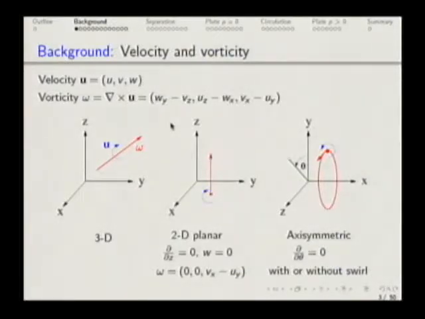With that, the vorticity has only one non-zero component, denoted by the scalar vorticity, which I'm also going to call omega, because I haven't figured out how to do a bold omega in LaTeX. If you know how to do it, let me know.